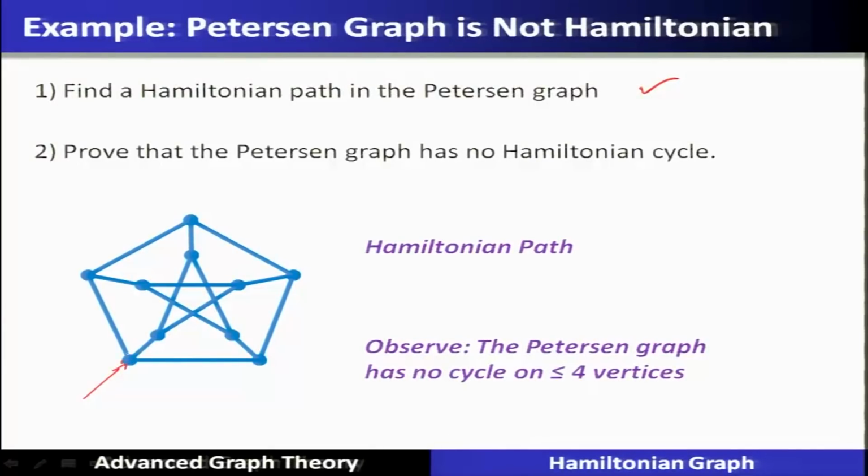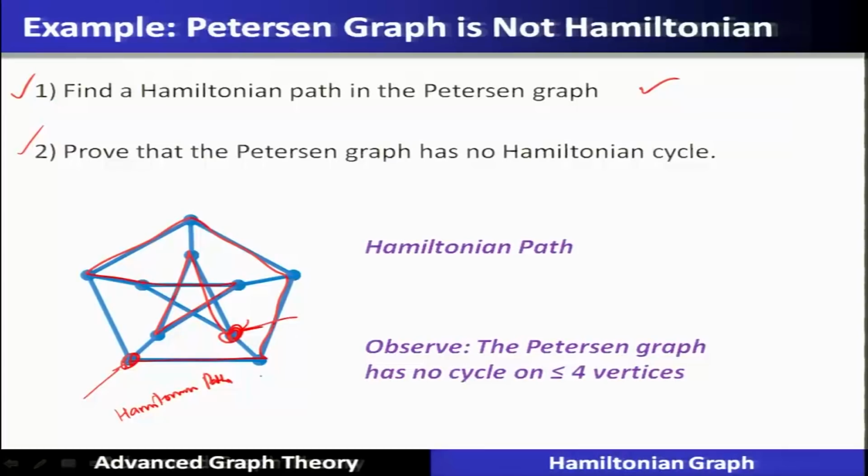We can also show that it has a Hamiltonian path. That means we can start from this vertex, trace all the vertices, enter the inner cycle, then visit and finish over here. This is the Hamiltonian path. That we have done. The second part is that we have to prove that the Petersen graph has no Hamiltonian cycle.